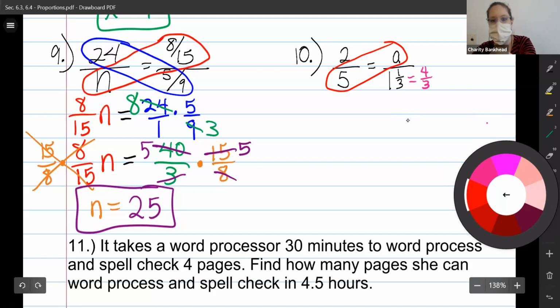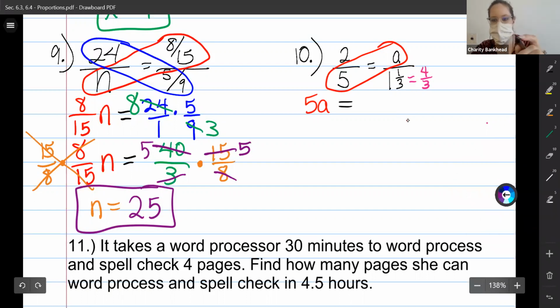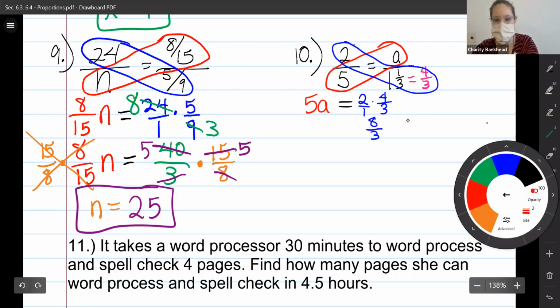All right, and then 5 times a is 5a equals, and then I have to multiply 2 times 4/3. So 2 is the same as 2 over 1. 2 times 4 is 8. 1 times 3 is 3. So that gives me 5a equals 8/3.